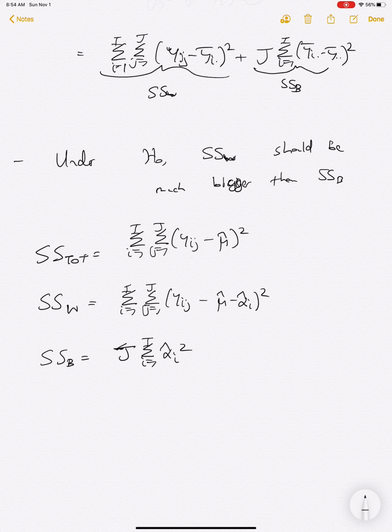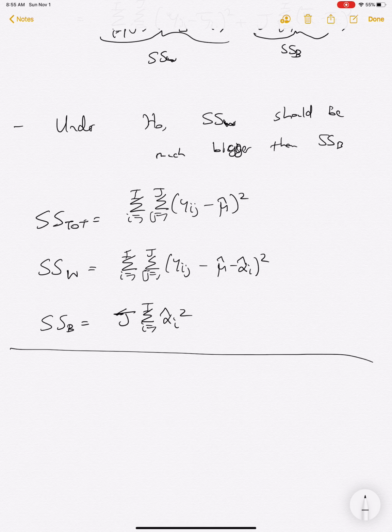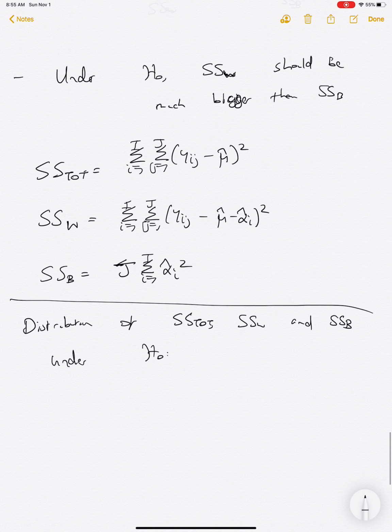Okay, so now let's look at the distribution of SS tot, SSW, and SSB under H naught. So this is under the null hypothesis.